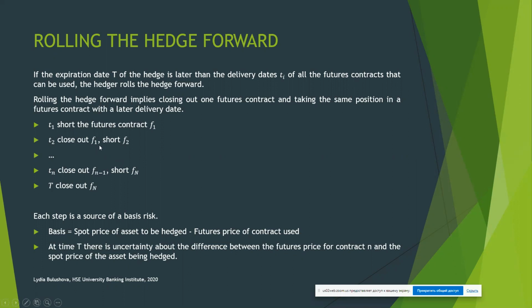If the spot price or expiring futures price is lower than expected, you just don't have money to roll your position.